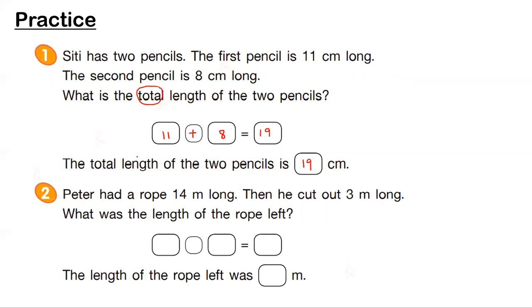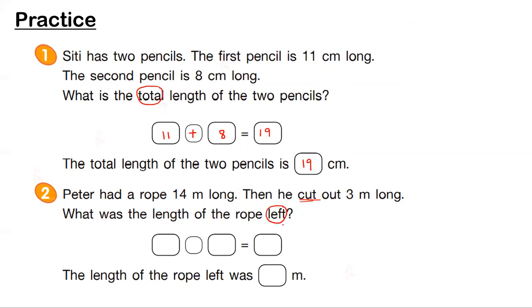Question 2. Peter had a rope of 14 meters long. Then he cut out 3 meters long. Cut. When you cut, you make something smaller. What is the length of the rope left?